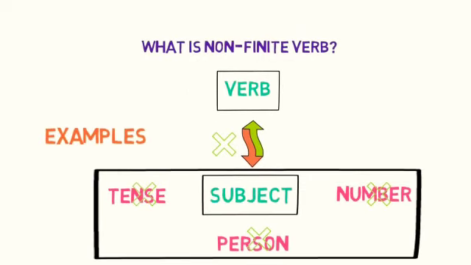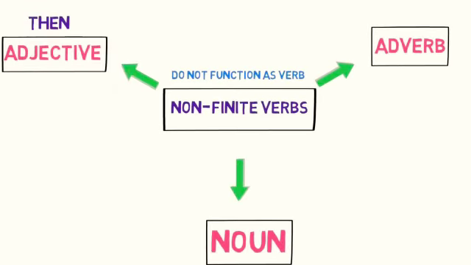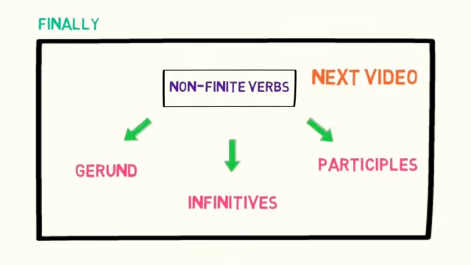It is a verb that has no agreement with the subject. It does not change as per tense, person and number. Then we understood the usage of non-finite verbs in the sentence. They are used as adjectives, nouns and adverbs in the sentence. Finally, we saw that non-finite verbs are divided into three parts: gerunds, infinitives and participles. Later we will discuss this.